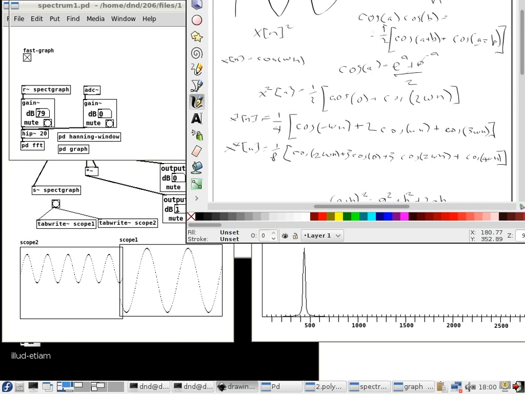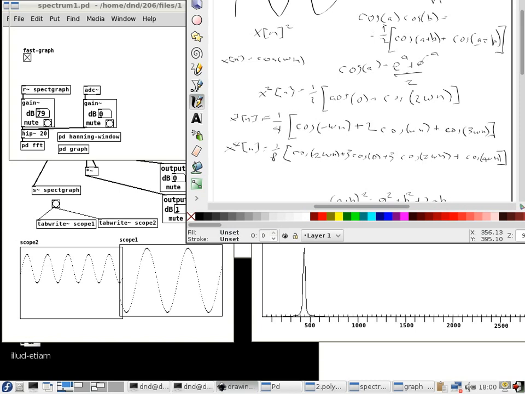That just gave us cosine of minus omega n plus cosine of omega n. This is all nonsense because this is actually 1, and we're just multiplying something by 1, but I have to maintain the rule of the equation so that the pattern will come out.